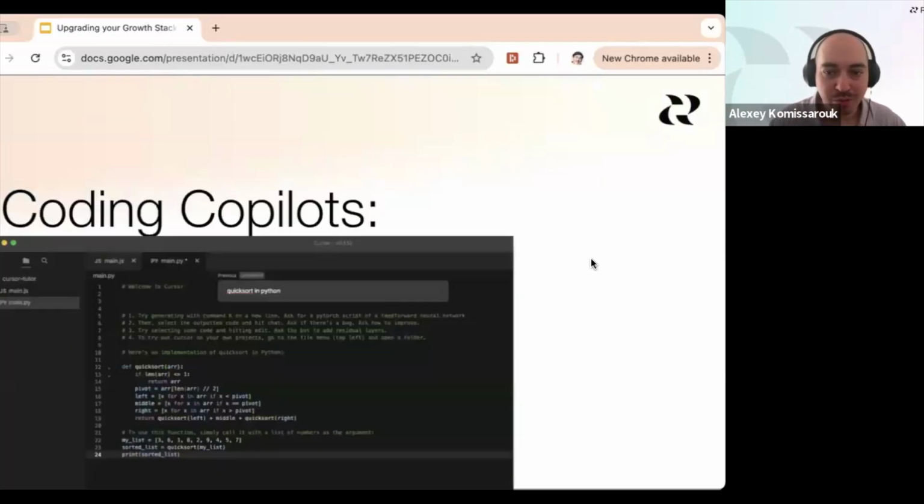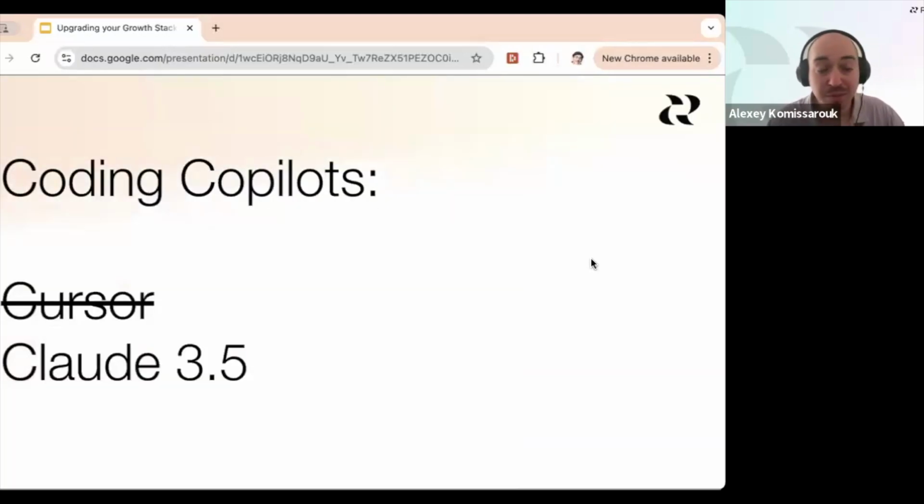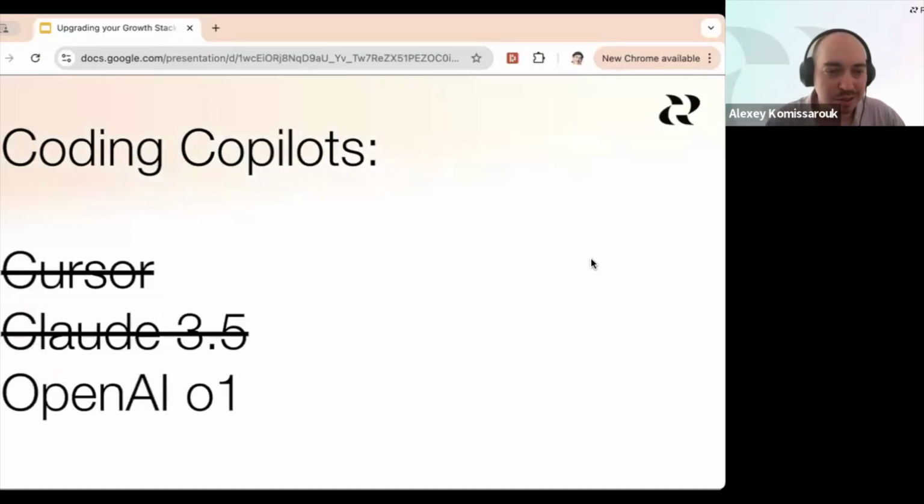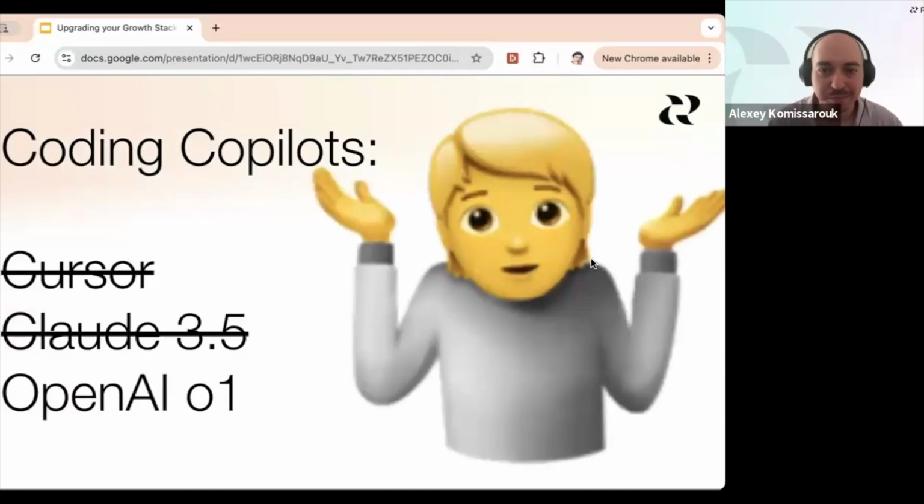So one, there's this coding copilot category. Hey, how can you make engineers faster? There was GitHub Copilot. Then Cursor is its own editor. That's pretty cool. But people are saying the latest Claude is probably better at generating code. But actually, as of last week, the new OpenAI launch is better at generating code. So I feel really dumb giving you this advice.